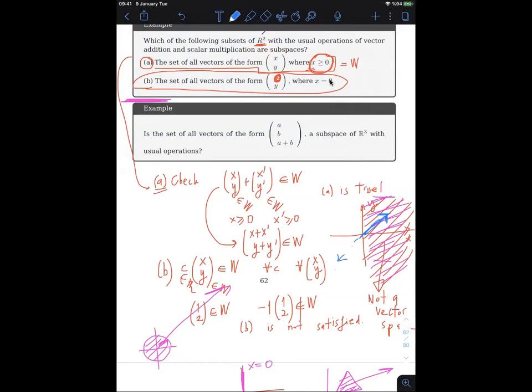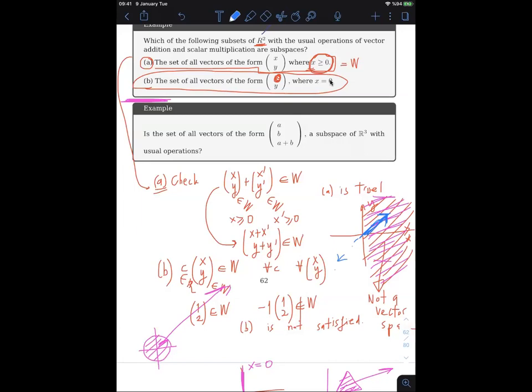So this given subset is not closed under scalar multiplication. Any questions about this? If I multiply this vector by -1 or -2, it doesn't matter, you end up in the opposite direction, which is not included in this set. So this is not a subspace.